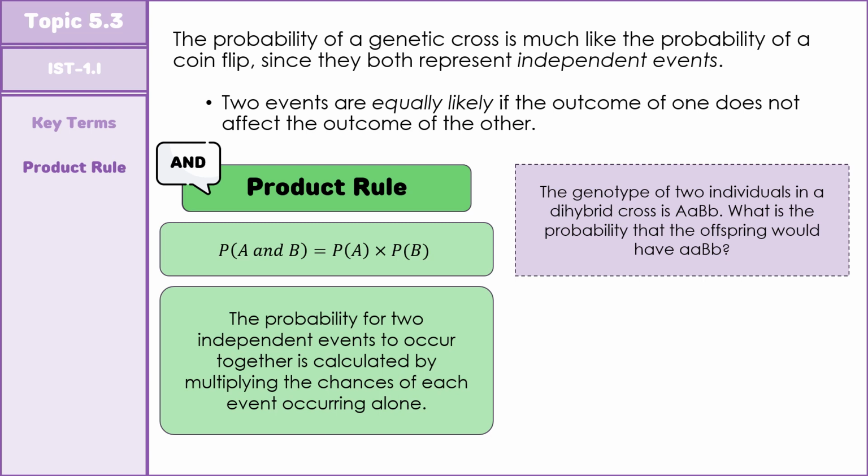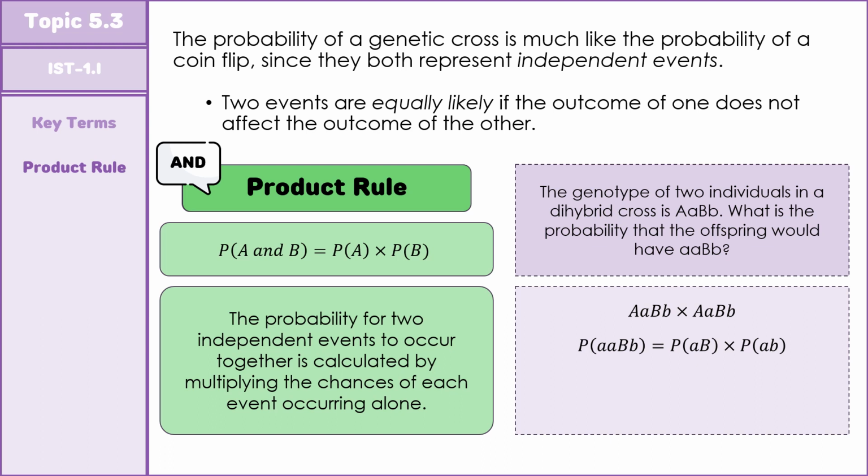And we want to know what the probability is that our offspring would be homozygous recessive for A and heterozygous for B. So what we're going to do is we're going to first identify our 2 parents. So we've got 2 heterozygous individuals for both traits. And we want to figure out what the probability of homozygous recessive and heterozygous would be.